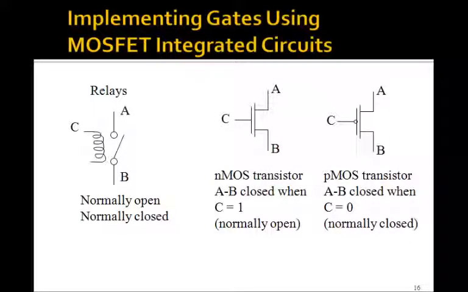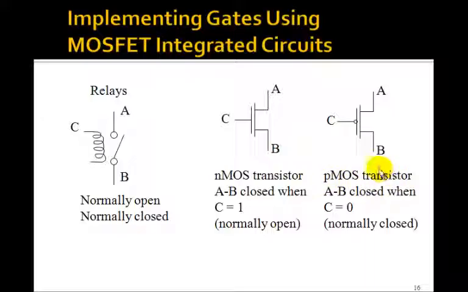Now, how can we use transistors to do the work of the relays? This symbol shows what's called an NMOS transistor, and it behaves sort of like a normally open relay. That is, if C equals 1, that is, this voltage here becomes higher than this voltage B, say, then this A gets connected to B, so you can think of it as a kind of switch.